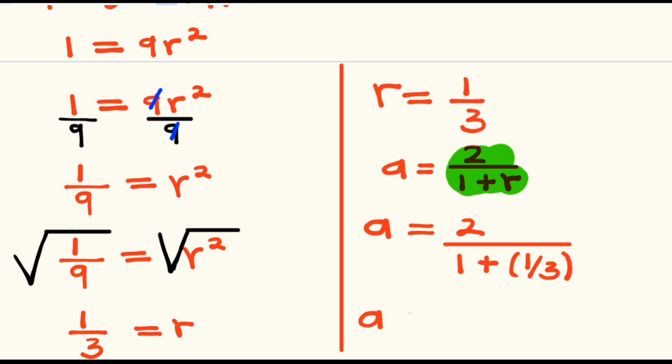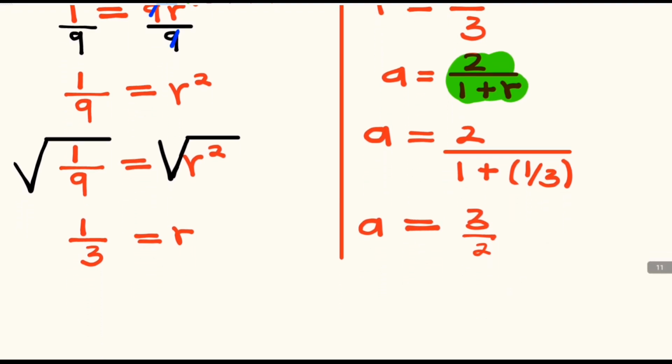And our a will be equal to 3 over 2. And 3 over 2 can also be expressed as 1.5.